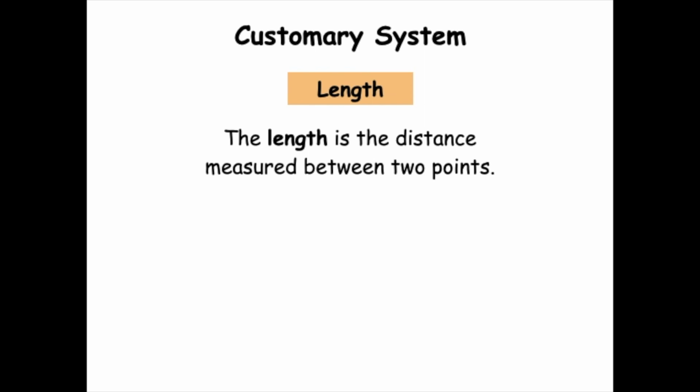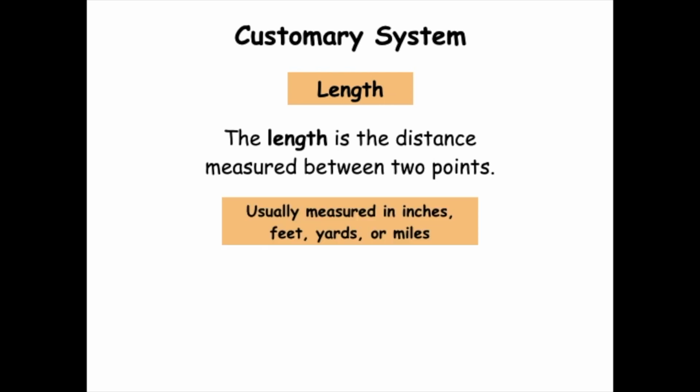Both would be the length of whatever you're measuring because it's between the 2 points. Usually when we are talking about the customary system and length, it's measured in inches, feet, yards, and miles, kind of like we talked about on the last slide. There's a little ruler friend to help us remember that we are measuring the length of some things.